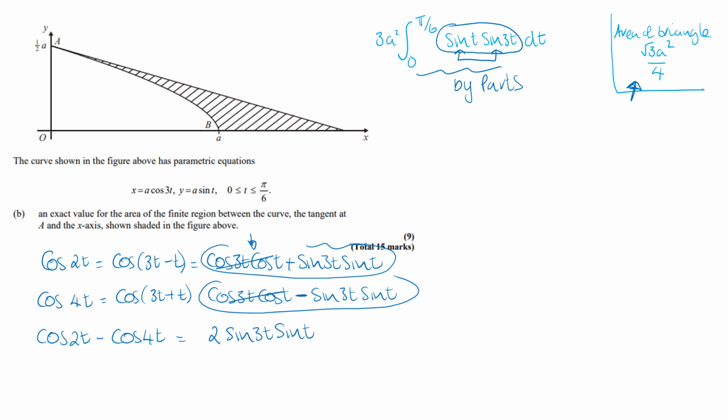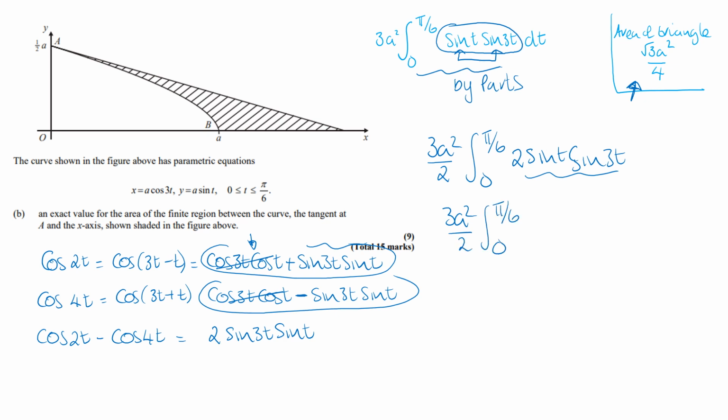So what we can do with our integral is go 3a squared over 2 times the integral between 0 and pi by 6 of 2 sine t sine 3t, and then all of this is going to be 3a squared over 2, the integral from 0 to pi by 6 of now this, which is easier to integrate, cos 2t minus cos 4t with respect to t.